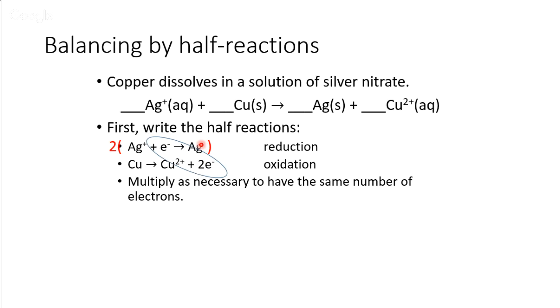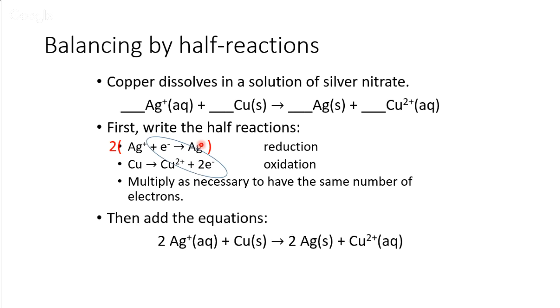At that point, we can add the equations to give us our balanced equation. And so we have 2 silver ions reacting with 1 copper solid to produce 2 silver atoms and 1 copper ion. Remember that your final equation should not include any electrons.